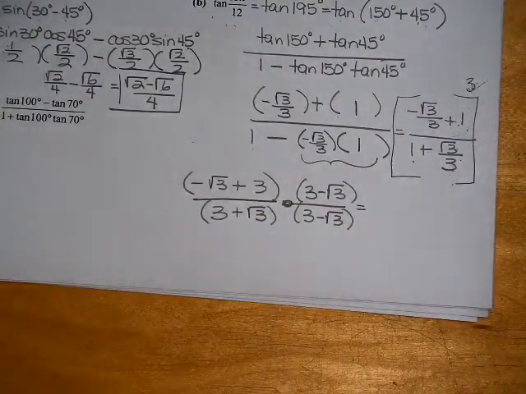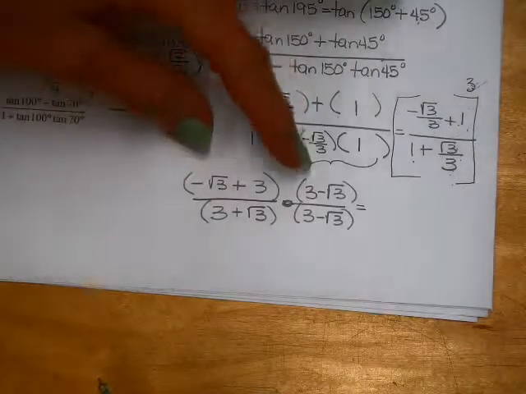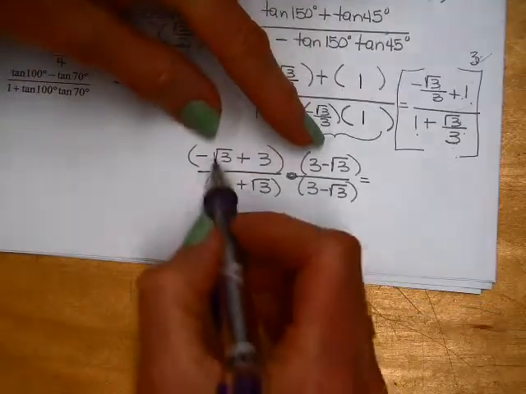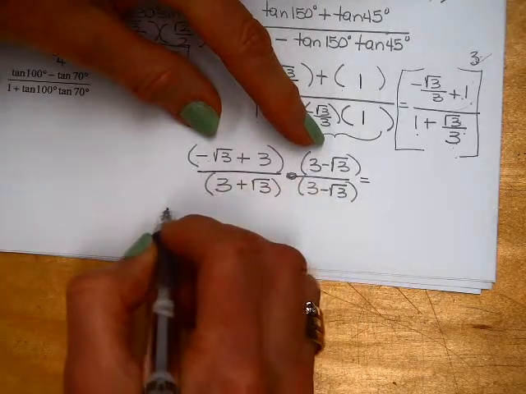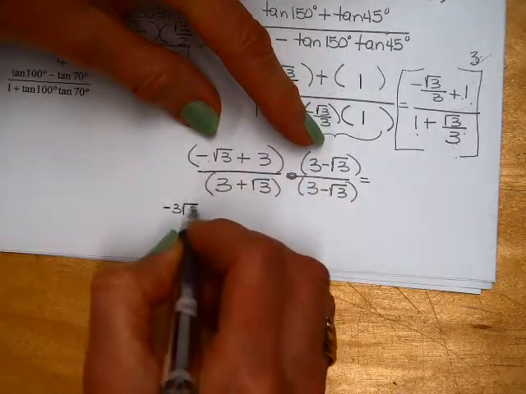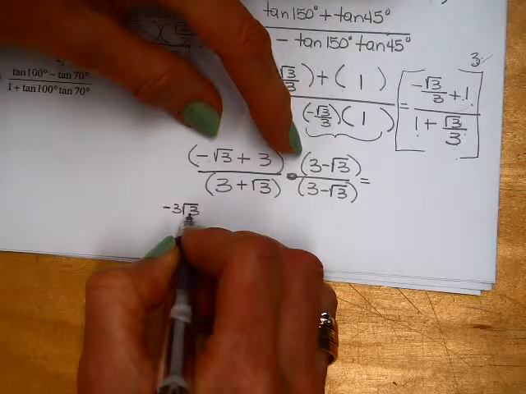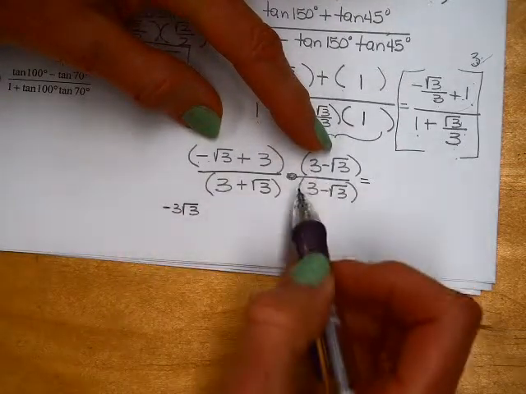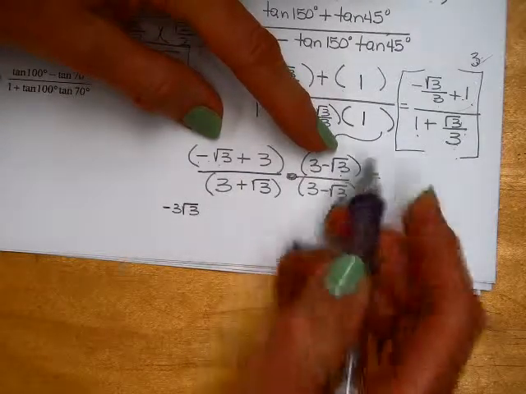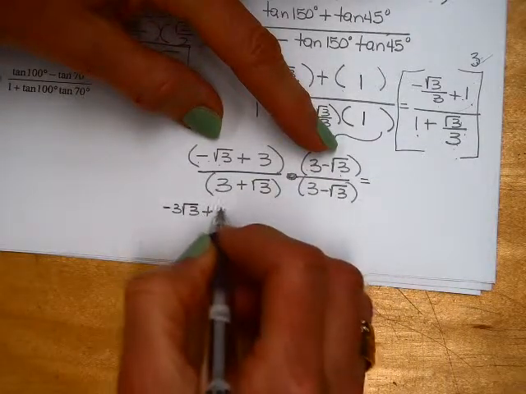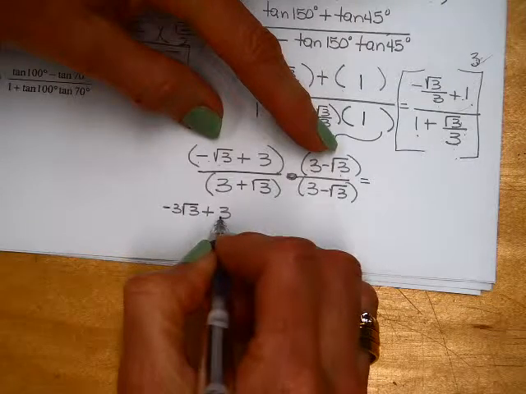All right, we've got to FOIL that out. We'll go down to the next line just because I'm going to run out of room. When you multiply 3 times negative square root of 3, that's negative 3 square roots of 3. Negative square root of 3 times negative square root of 3 is positive 3.